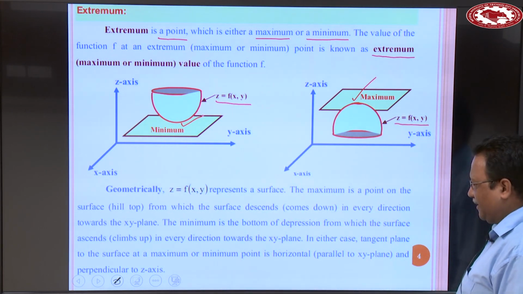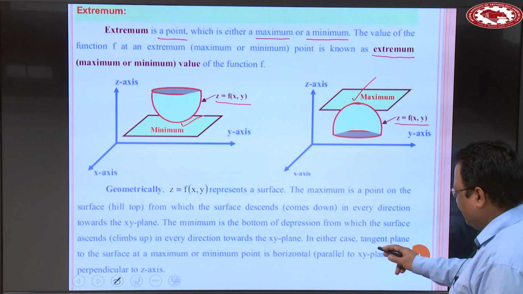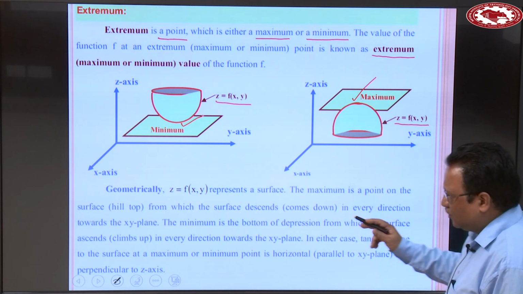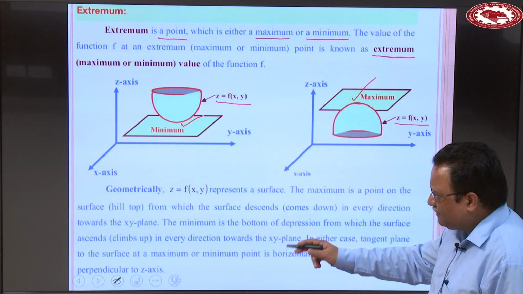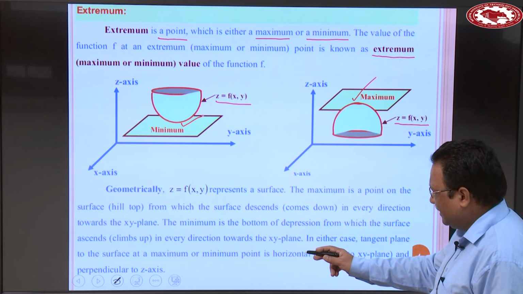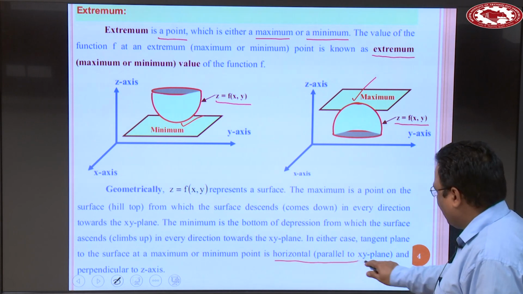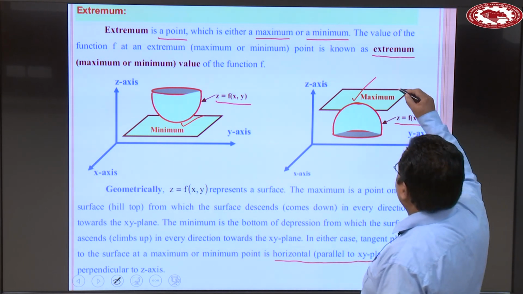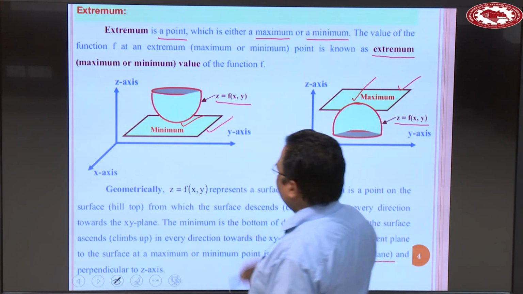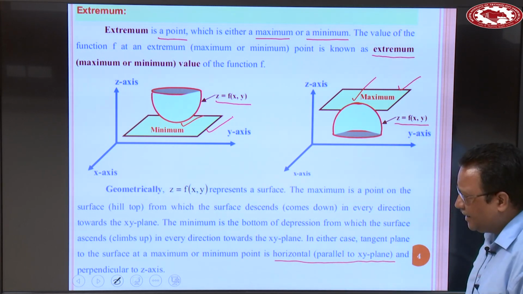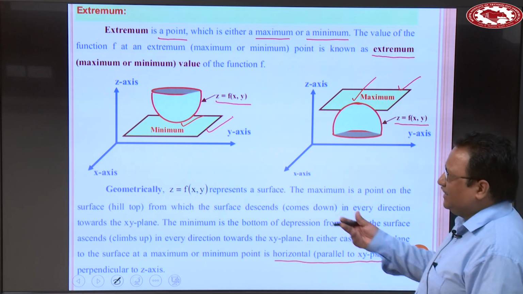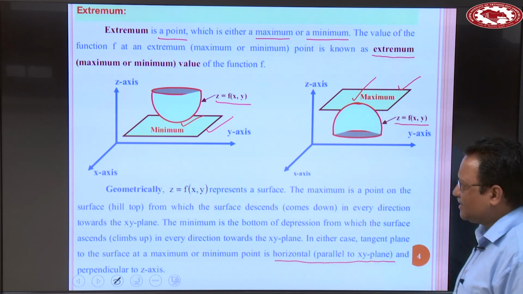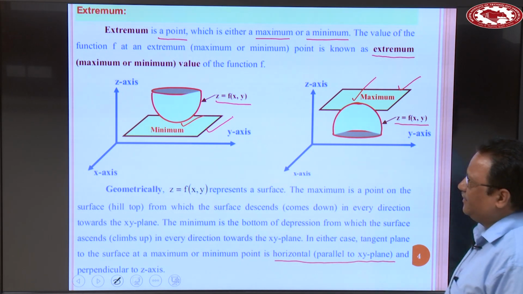So, in either case, the tangent plane to the surface at a maximum or minimum point is horizontal, parallel to the xy plane and perpendicular to the z axis. This is how we can represent maxima and minima geometrically.